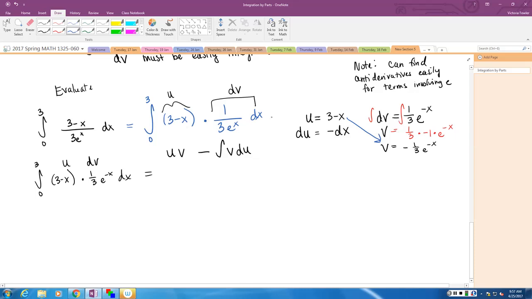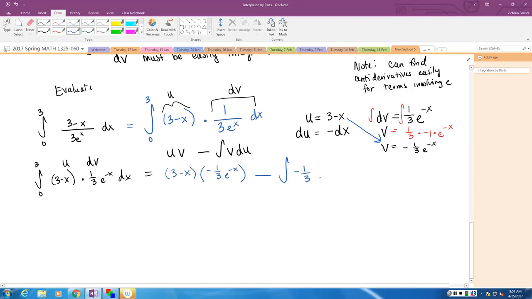It says fill in what u times v is. We're going to write that as the quantity 3 minus x times -1/3 e to the negative x. That's u times v. Minus the integral, and what do I fill in for v?